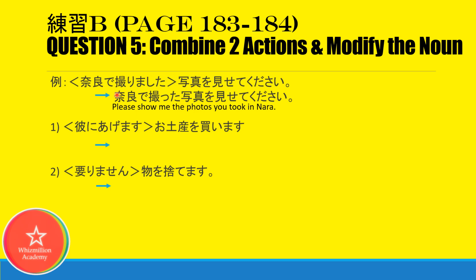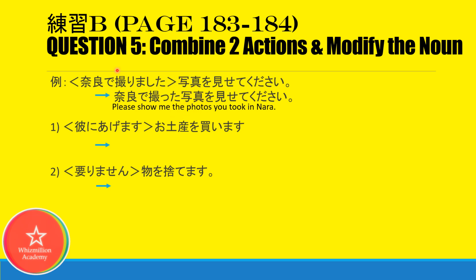Okay, so I hope that by now you are comfortable with what it means to modify the noun. Modifying a noun is basically describing the noun. You can describe the noun with an action word, by converting the action word to futsuukei, the plain form. So torimashita becomes totta. And then you combine it right away with the noun, and then you are modifying the noun.